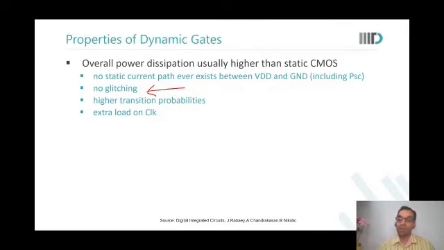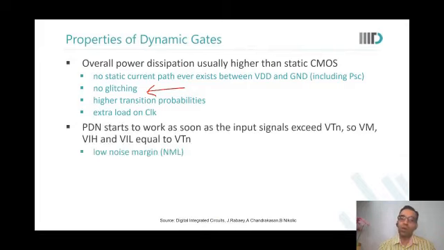So that is another reason why overall power of a dynamic logic system is very high. One is the additional toggling on the inputs, higher transition probabilities, but extra load on clock is also there. Then the pull down network starts to work as soon as the input signals exceed VTN.